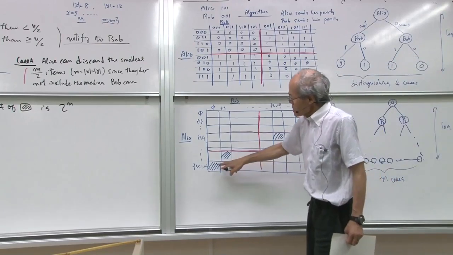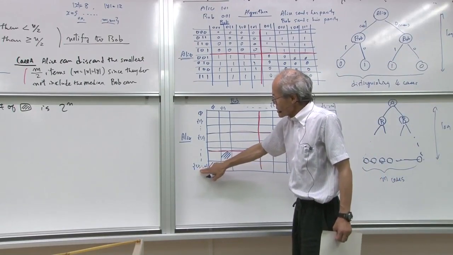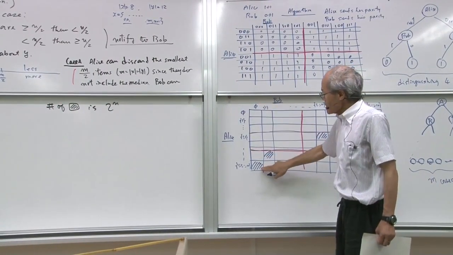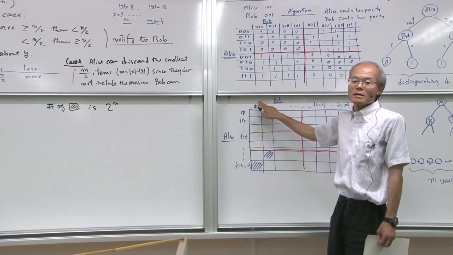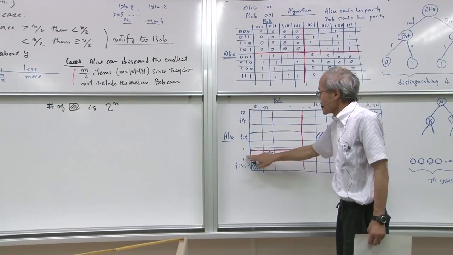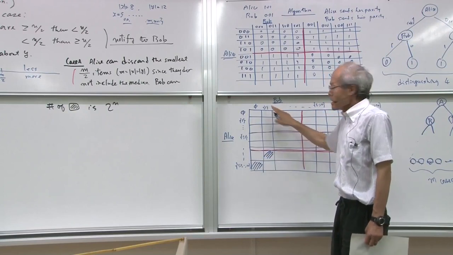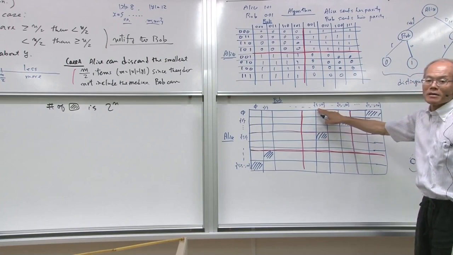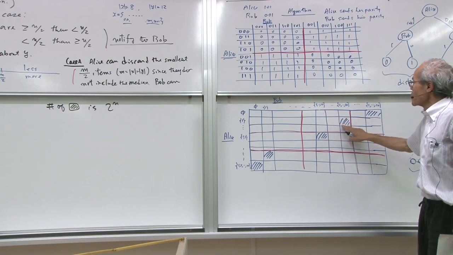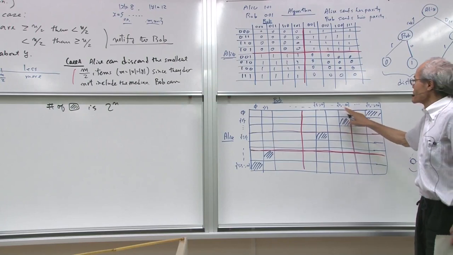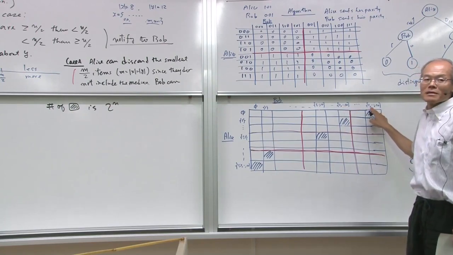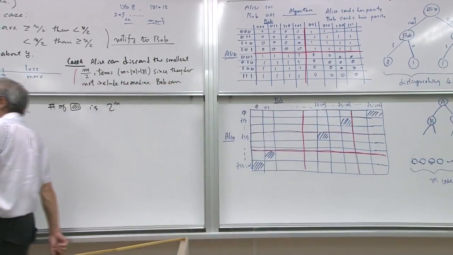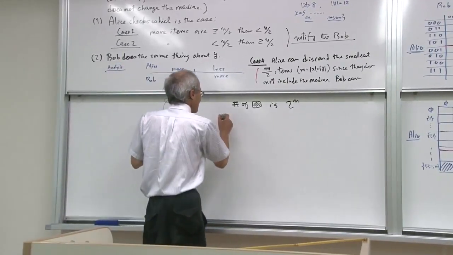And this cell means Alice has everything and Bob has nothing. That means this cell is this set and its complement. This cell is Alice's set and its complement. Alice's set is 1, 2, and its complement is 3 to 10. And this is Alice's set 1 and its complement. And Alice nothing, its complement. So we have 2 to the n cells.